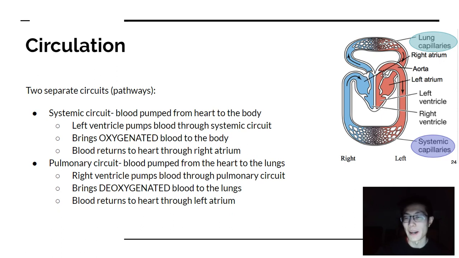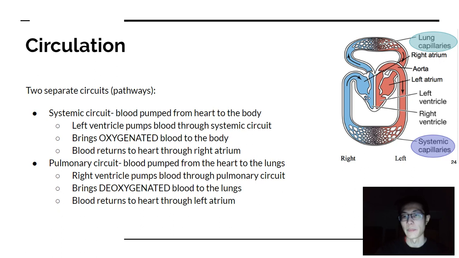And what's going on is you have the left ventricle over here that's pumping the blood from the left ventricle through the aorta into the systemic circuit to the rest of the body. So it brings the oxygenated blood, which is shown in red here, to the rest of the body, and then eventually the blood goes over here, and then eventually goes back to the heart into the right atrium.